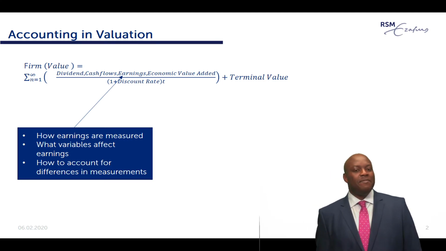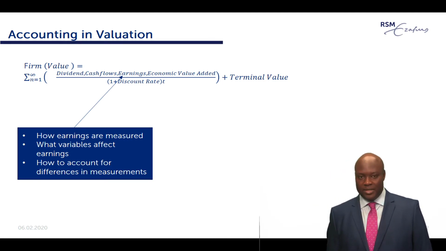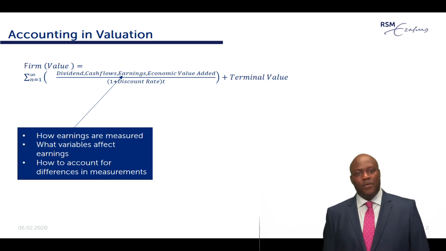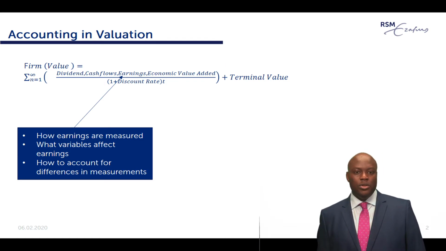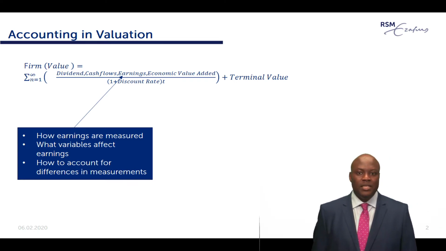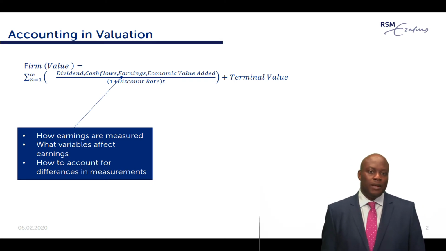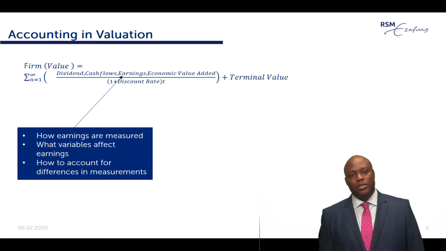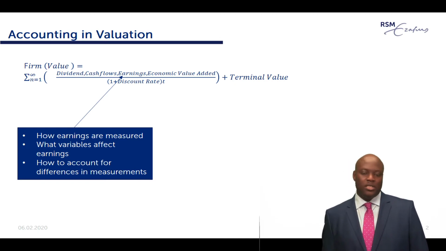What variables affect earnings? For example, in some other parts of the world, reserves are allowed, and use of reserves would affect the way that earnings are accounted for. How do you account for differences in these measurements? Are you valuing the firm because it is reporting under IFRS, but also has a significant US exposure or US subsidiary?